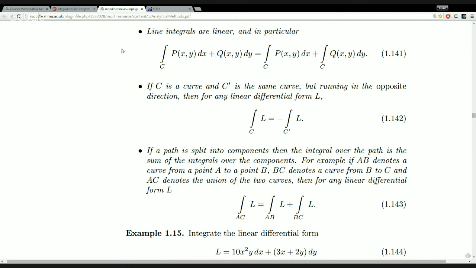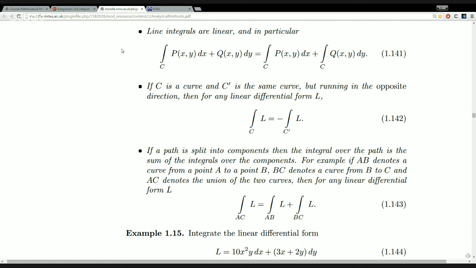So straight away we'll employ that third property about splitting curves up at intermediate points. So D is the intermediate point along this curve C. And it makes sense to break the curve into those two portions, because one is going parallel to the x-axis and the other one's going parallel to the y-axis. So integrating with respect to x and y, it will make sense to consider those separately.